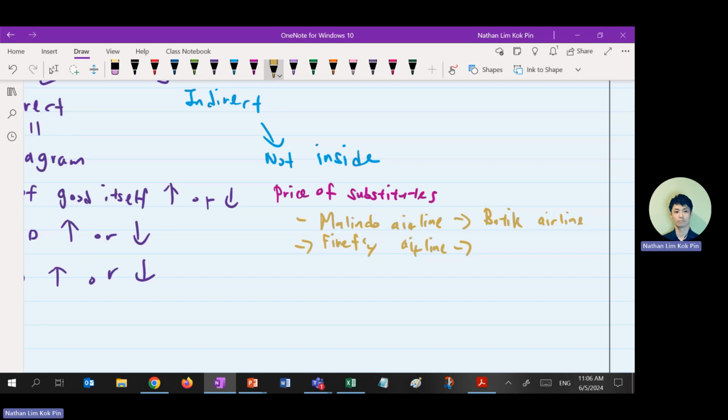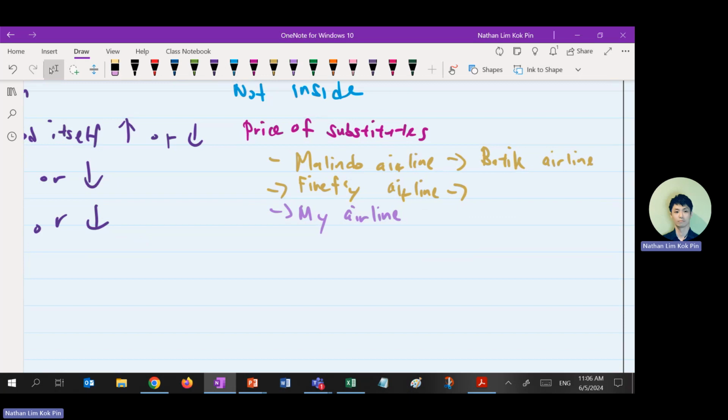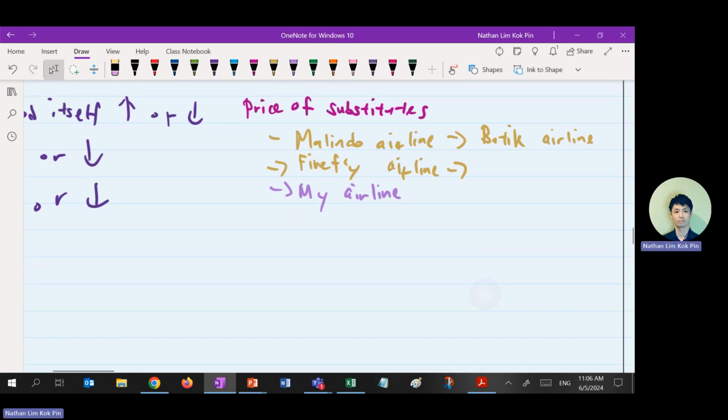Three months or 6 months only. Ticket, but haven't. Okay, so all these airlines, or like I say, long haul buses. If it's local, you can think that AirAsia is a substitute for the long distance buses.